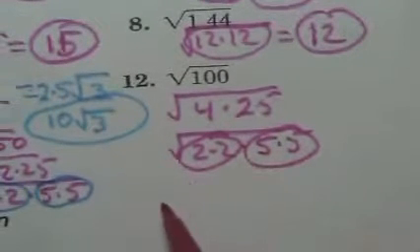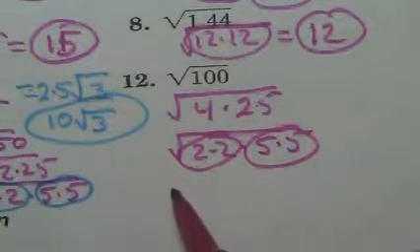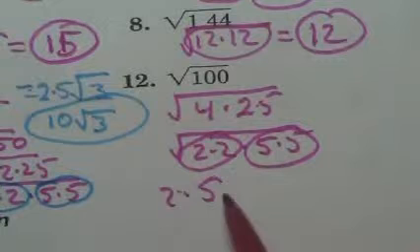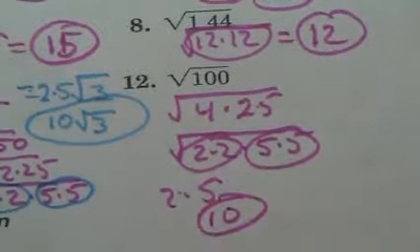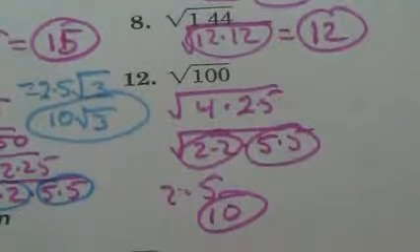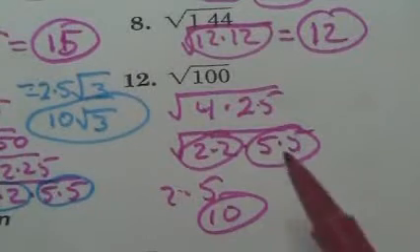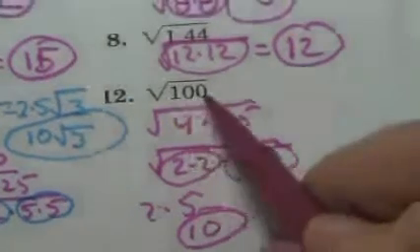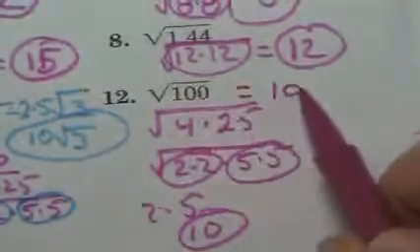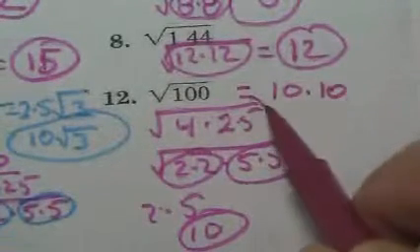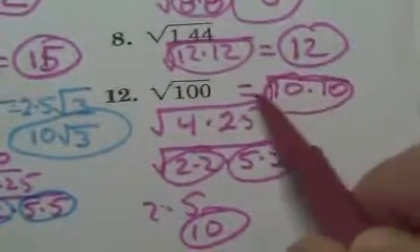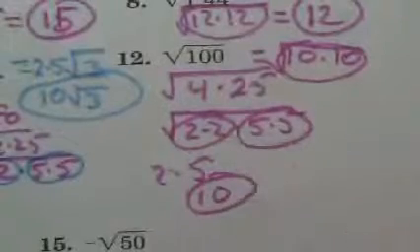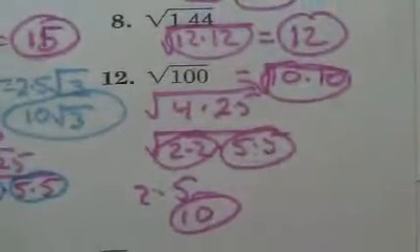They jump out. And 2 times 5 is 10. So my answer is 10. Hey, wait a minute. What am I doing? I could have just gone 10 times 10. That's crazy. Square root of 10 times 10 is, a pair of 10s jumps out. I took the long way. Wow, what a waste of time.